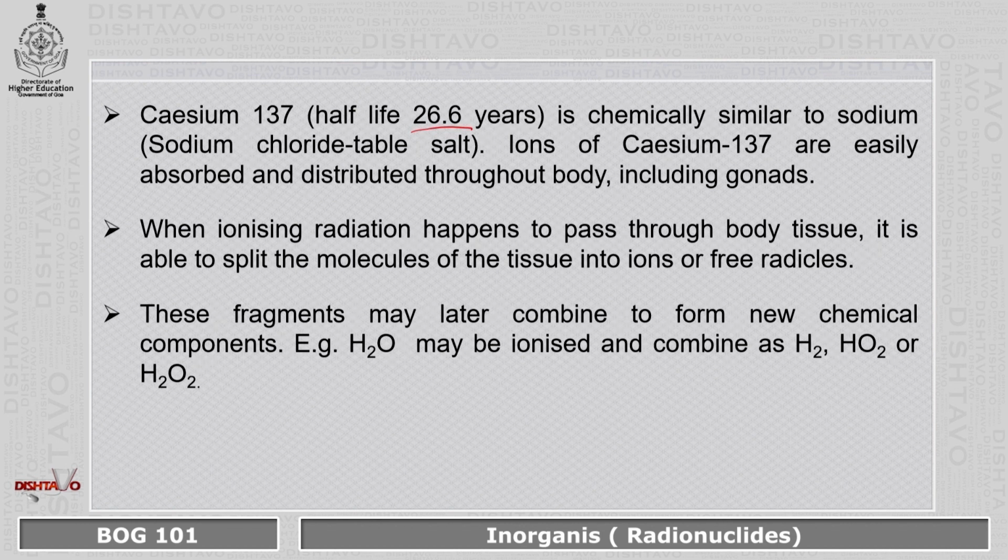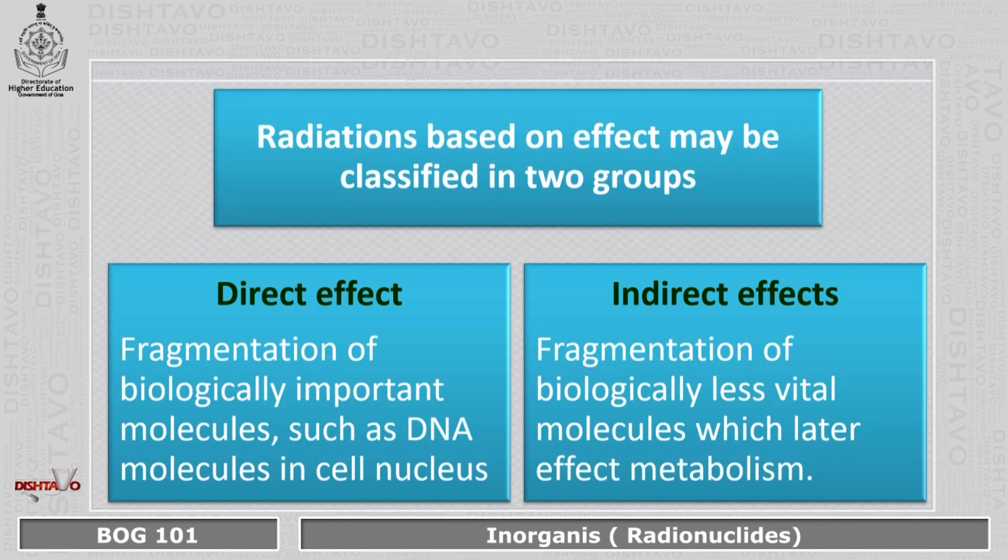When ionizing radiation happens to pass through body tissue, it is able to split the molecules of the tissue into ions and free radicals. For example, water may be ionized, splitting it and combining as hydrogen peroxide. So similar dangerous chemicals are formed inside the body.